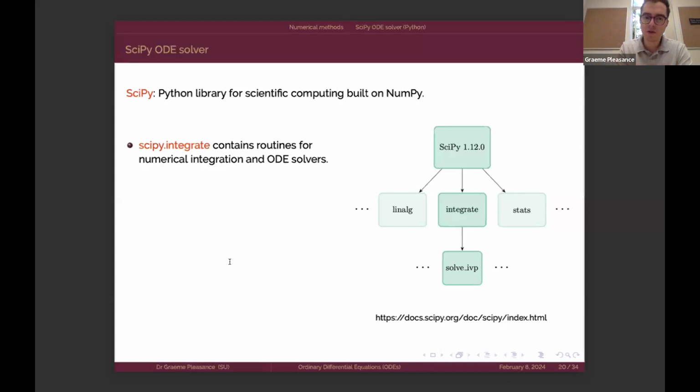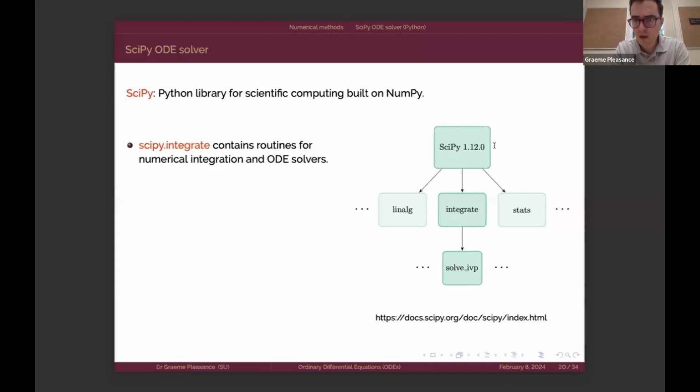On the right hand side of this slide, I've tried to produce a plot that roughly illustrates the hierarchical structure of this library.